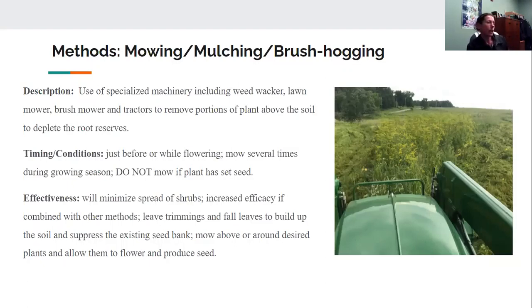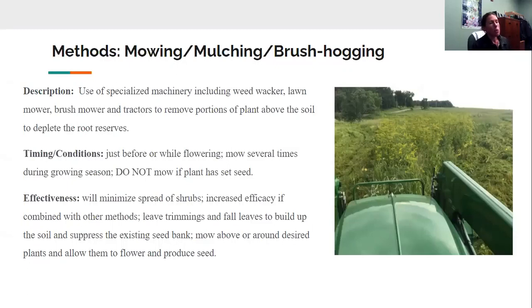So I found that you'll have increased effectiveness if you combine it with other methods, such as chemical treatment. So you would mow and then apply chemicals, and that has a higher effectiveness than just mowing shrubs. Another way to increase the effectiveness of mowing is to leave trimmings and fall leaves on the ground to build up the soil, which will help suppress the existing seed bank.